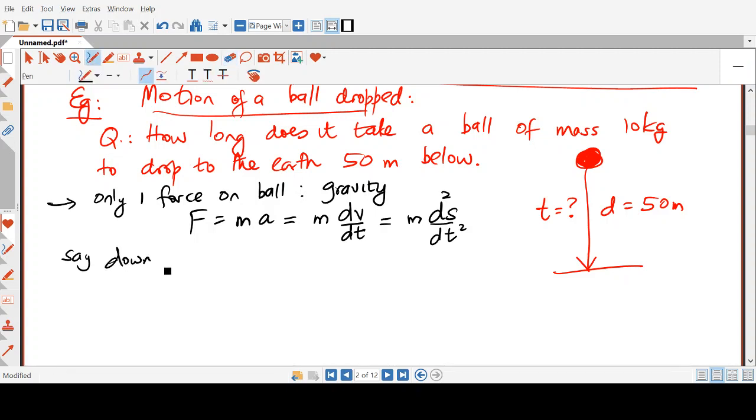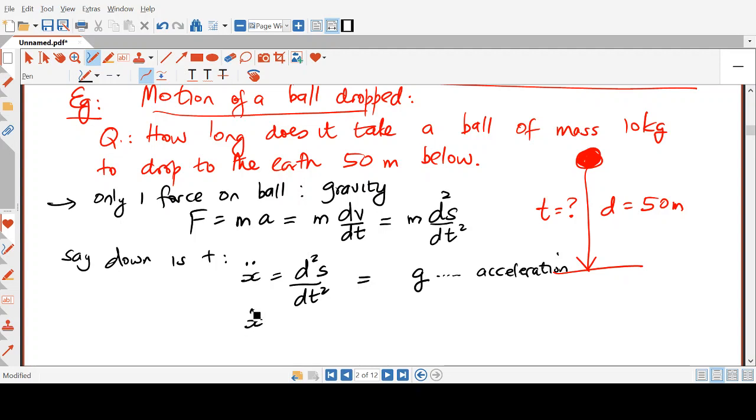So you would get the only force here, the acceleration, x double dot, which is d²s/dt², is g. This is the acceleration due to gravity. It's about 9.8 meters per square second. The second derivative is g.